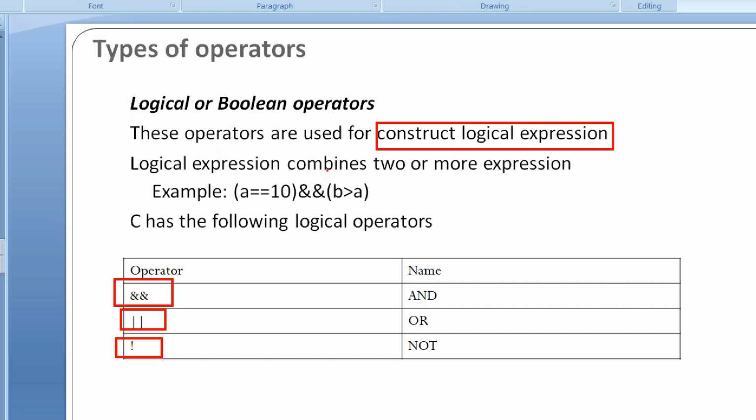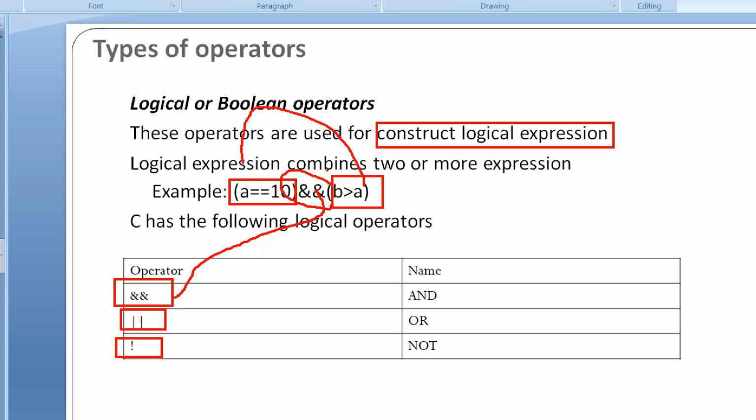They are used to construct logical, or we can also call them Boolean, expressions. And not only that, sometimes if you want to combine two or more expressions, we can use the logical operators also. So here I have to combine these two expressions with the help of a logical operator: if a is 10 and b is greater than a, I have to combine them with the logical AND operator.